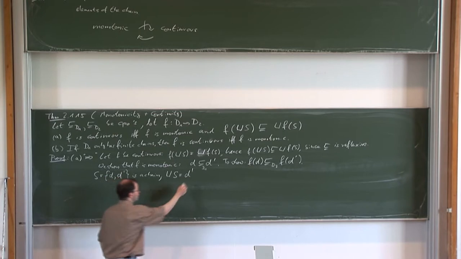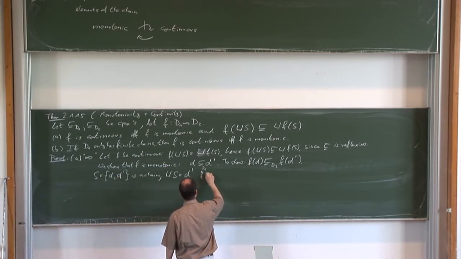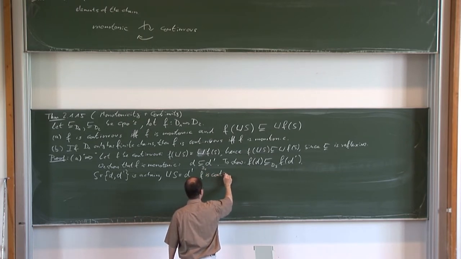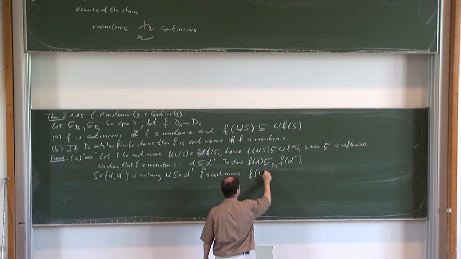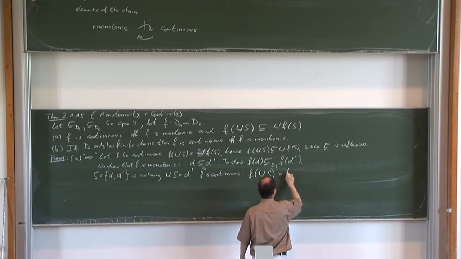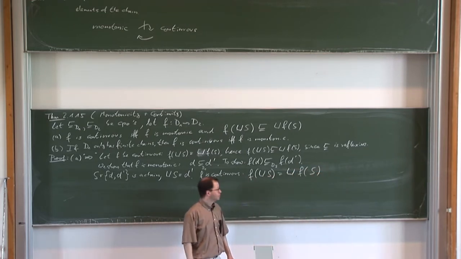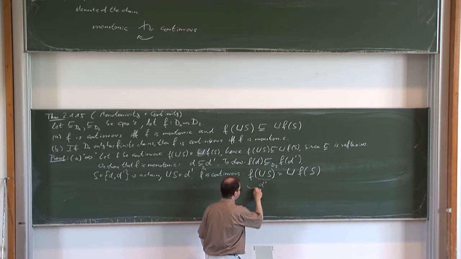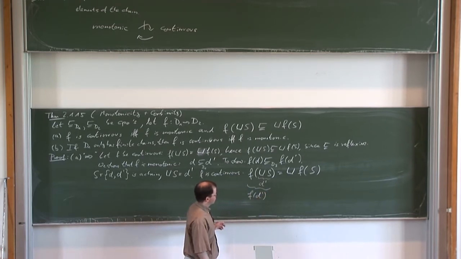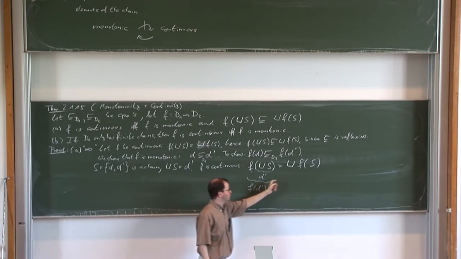Okay, now since f is continuous, we know that it doesn't matter whether you first apply least upper bound or you first apply f. Now what is this? The least upper bound of S is d prime. So this thing here is f of d prime. So f of d prime is the least upper bound of this.